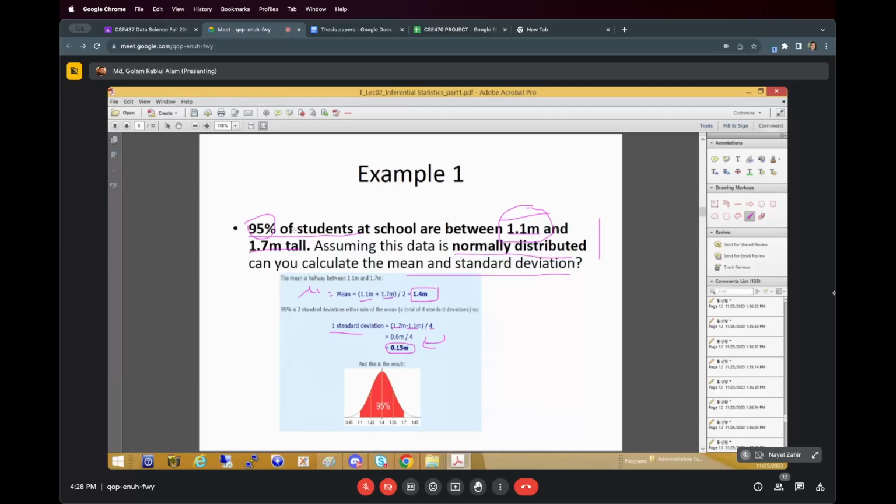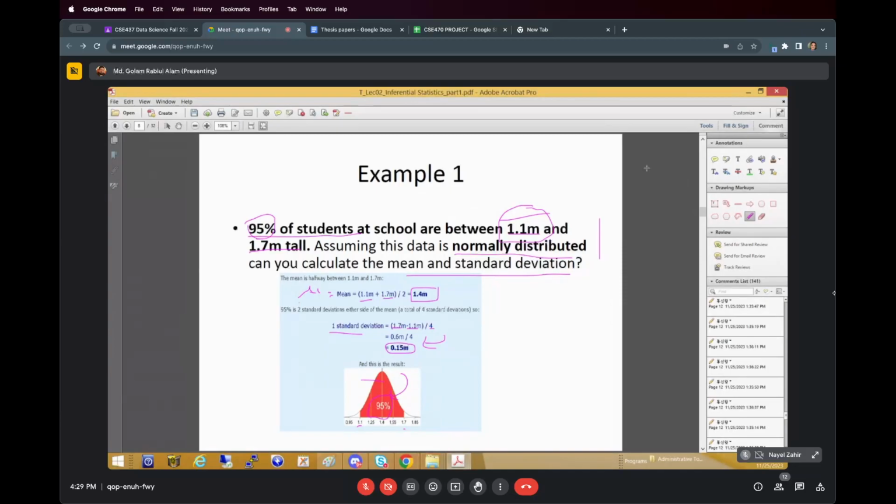So 95% of students at a school are between this and that. We can see that for the 95%, we have 1.1 to 1.7, and we know that this 95% will reside within two standard deviations.